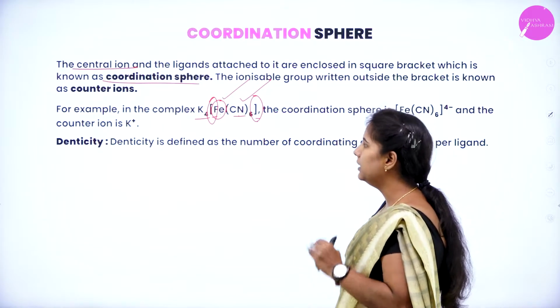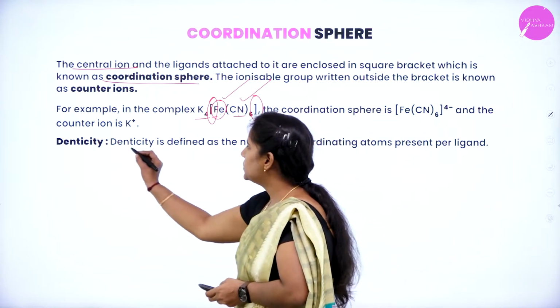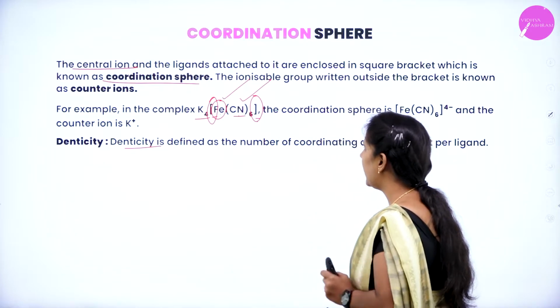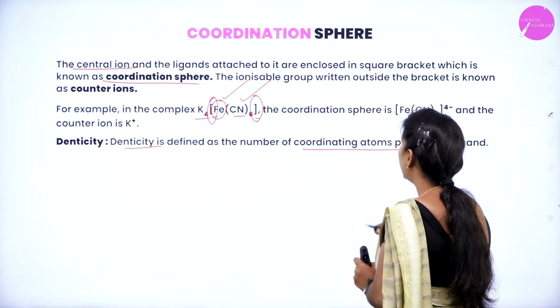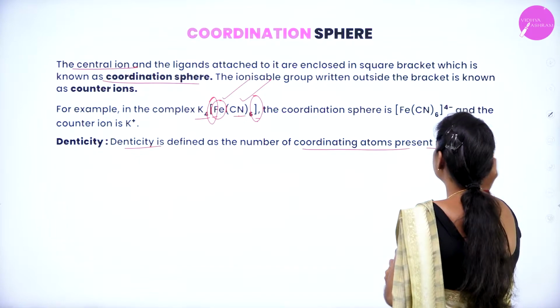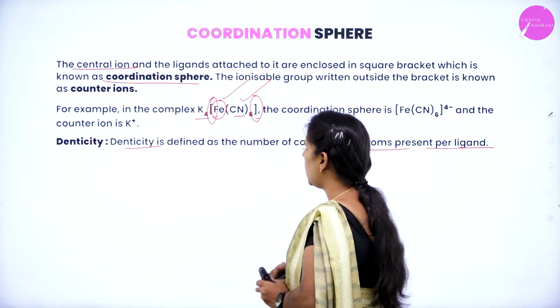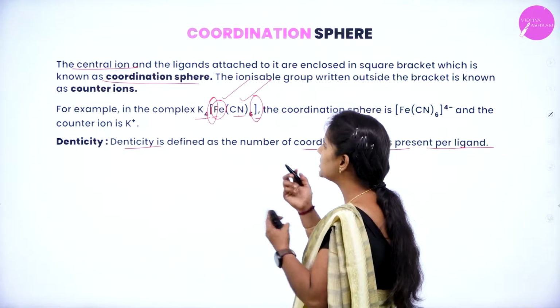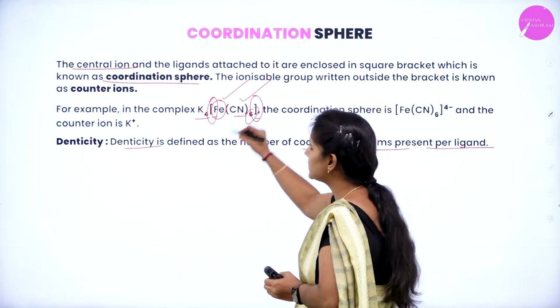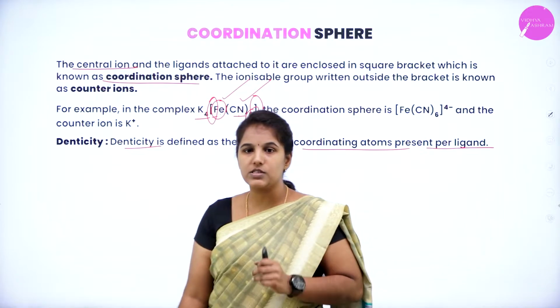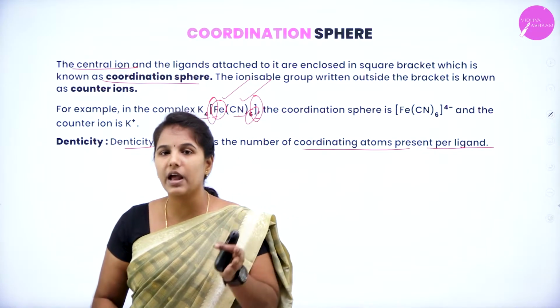Next we will see denticity. Denticity is defined as the number of coordinating atoms present per ligand. Here in this complex, what is the number? There are 6 coordinating ligands, so it is hexacyanide.